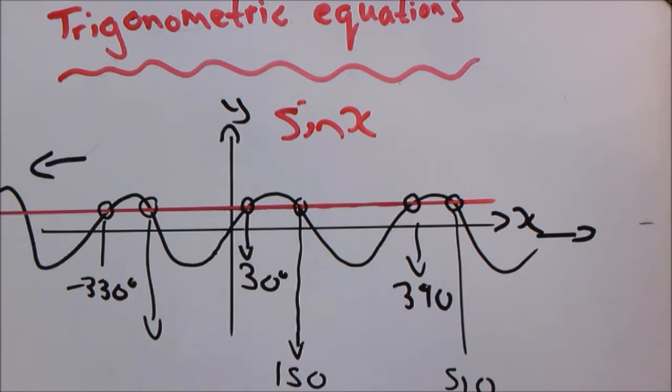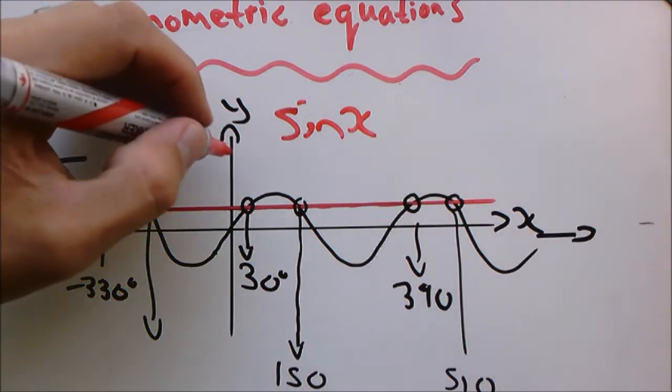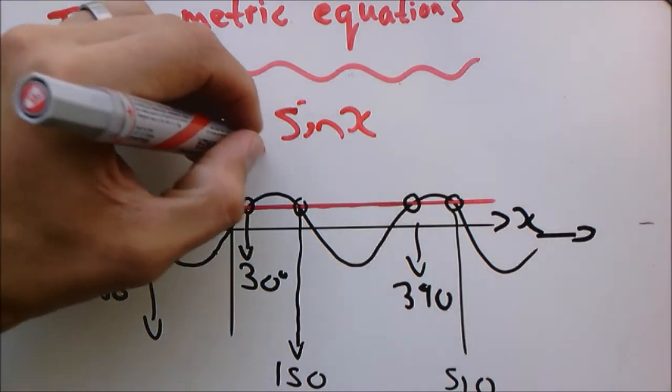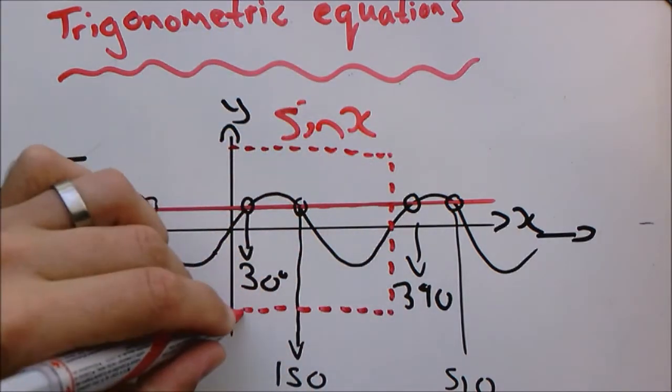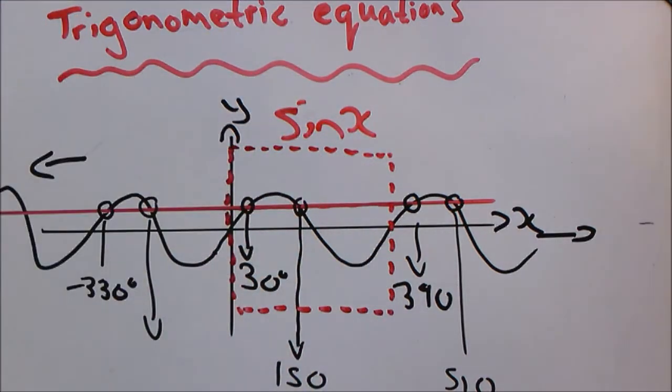Okay, so the function does not change, right? But if I ask you for which values of x will we have sine x equals a half, where x lies between 0 and 360, can you see that what I'm actually asking is I'm taking a section of this function and I'm only focusing on this section.